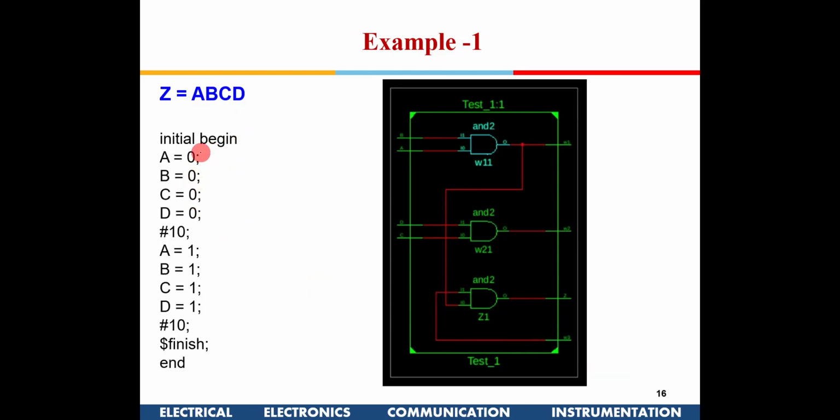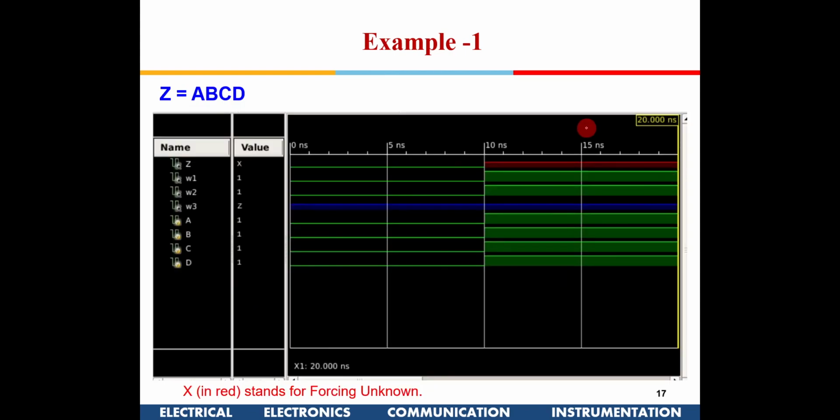Then I give 2 test conditions. One is 0, 0, 0, 0, so the output is expected to be 0. Then I give one more condition, 1, 1, 1, 1. If I do the simulation, this is what I am going to get at the output. This is the W3.